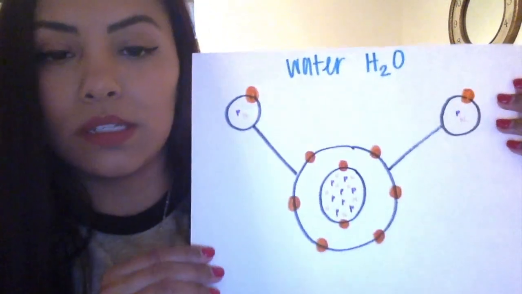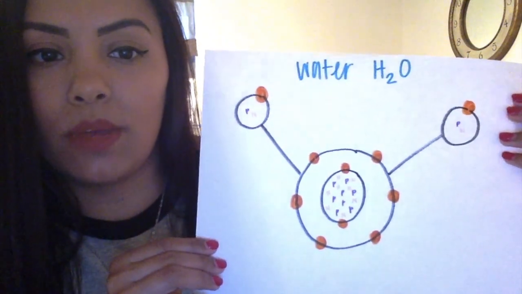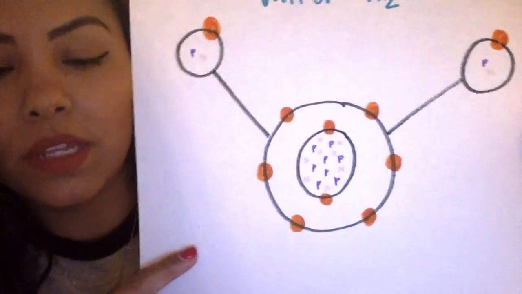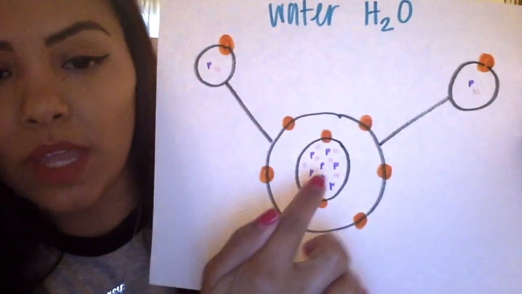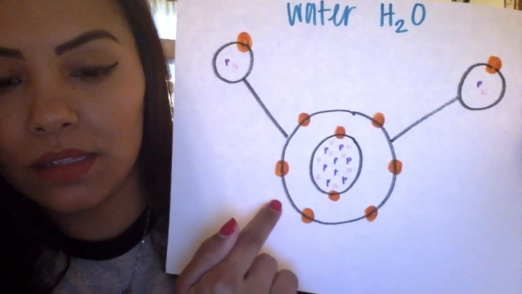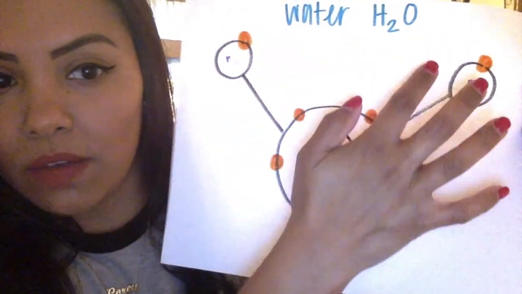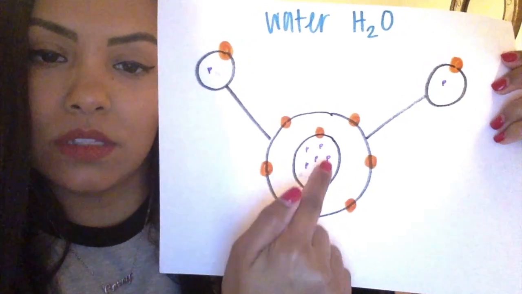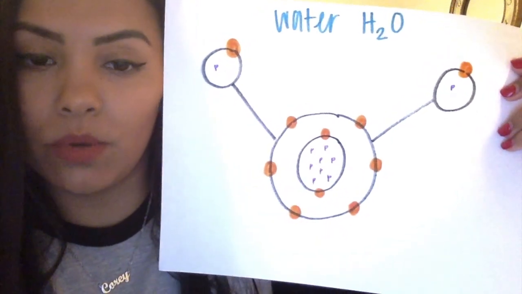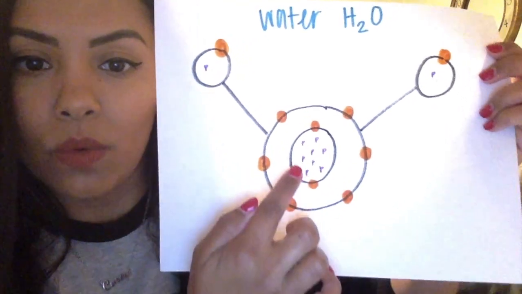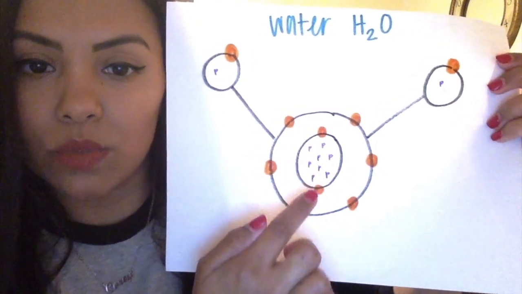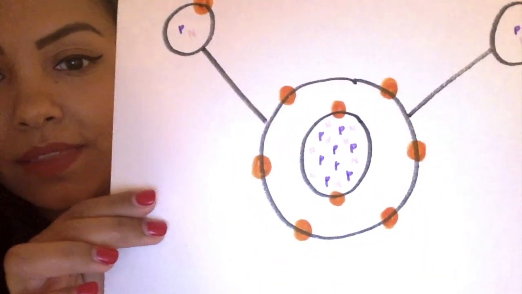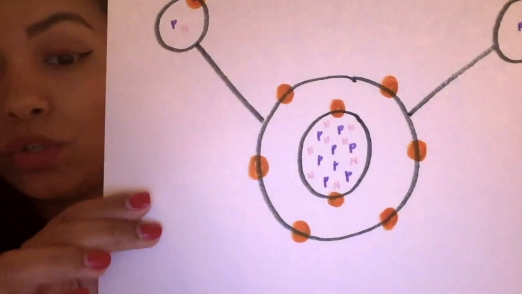So here is an example of a water compound. Inside, just like with our sodium, we have our nucleus. This is oxygen, and out here we have our 2 hydrogens. First, inside the nucleus of our oxygen, which is the 8th element on the periodic table, we have 8 protons, which are positively charged, and 8 neutrons, which have no charge.